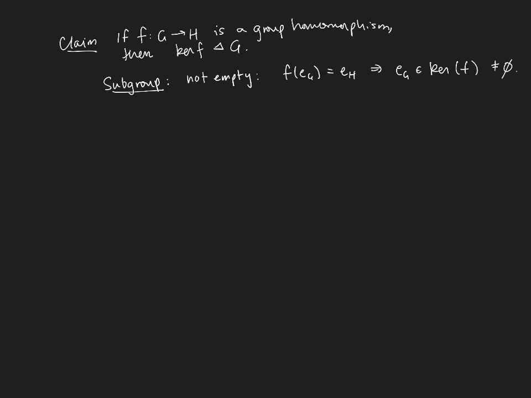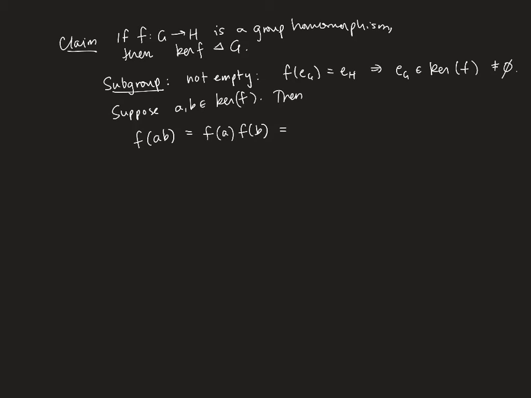We want to show that it's closed under the group operation of G. So let's suppose A and B are in the kernel of f. Then what I need to show is that f of AB is the identity, and that tells me that AB is in the kernel of f. Well, I'm going to use properties of group homomorphisms. I get that it preserves my operation.